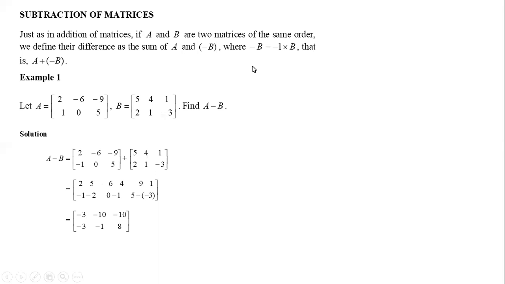So -1 times minus B is equal to, yes, A plus minus B. That is, we are going to use -1 to multiply B, and that is why we are going to have -5. My minus B will now turn to -5, -4, -1, -2, -1, and 3. Then you add the results together.